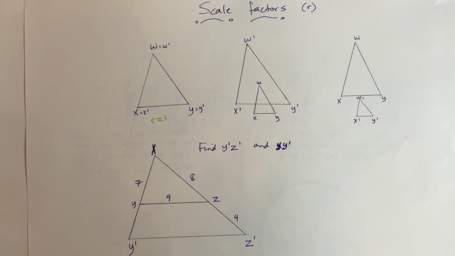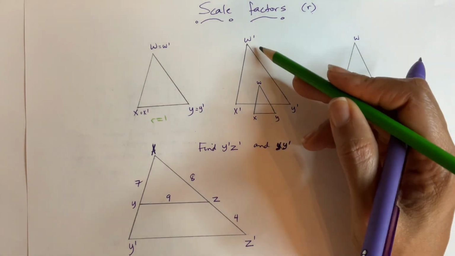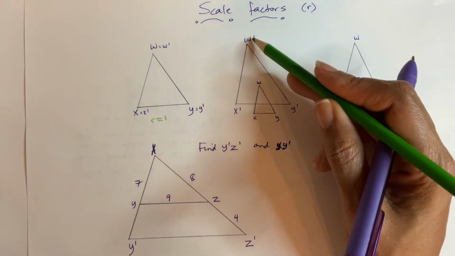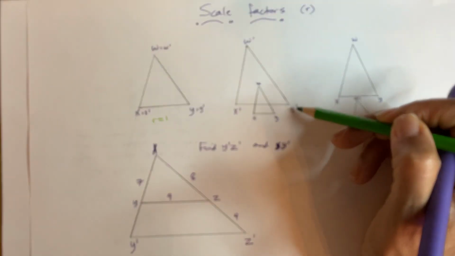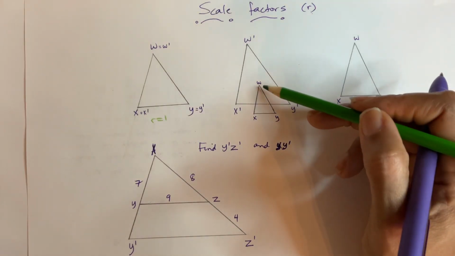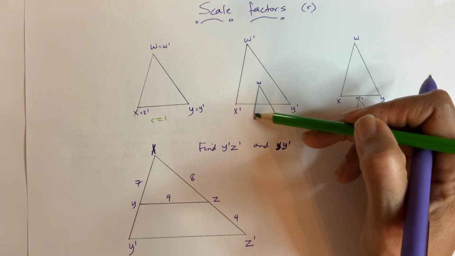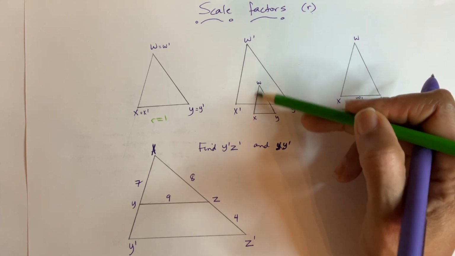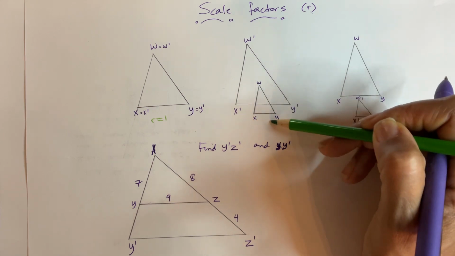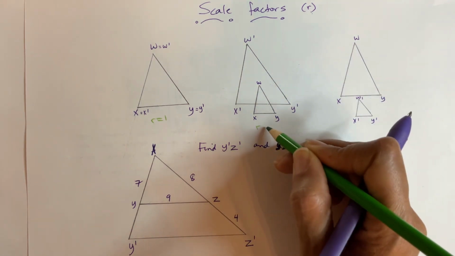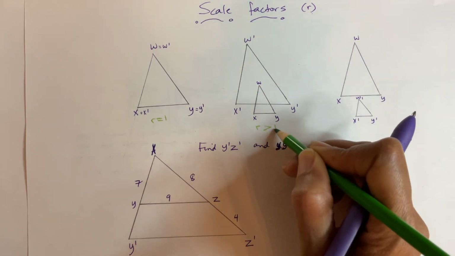But when we see this second figure, where W prime, X prime, and Y prime is actually larger than our original figure, which is WXY, we know that the scale factor here is going to be greater than 1.